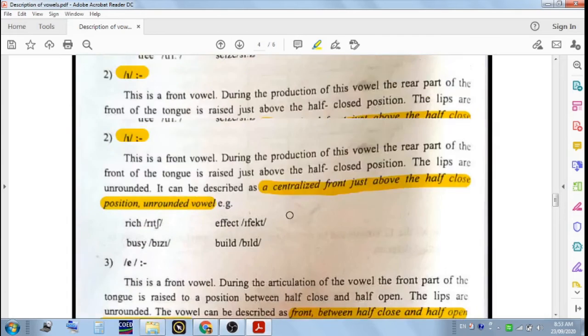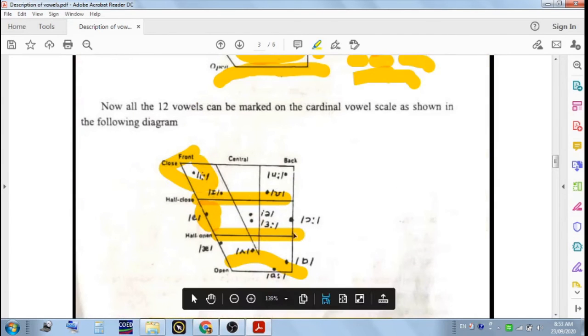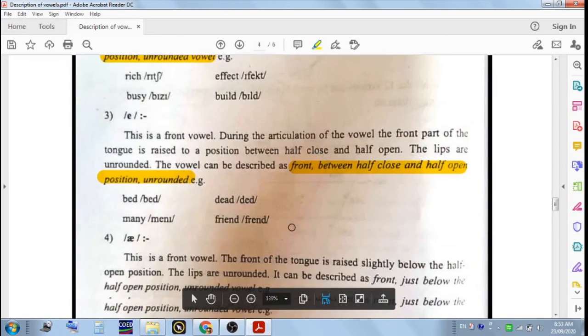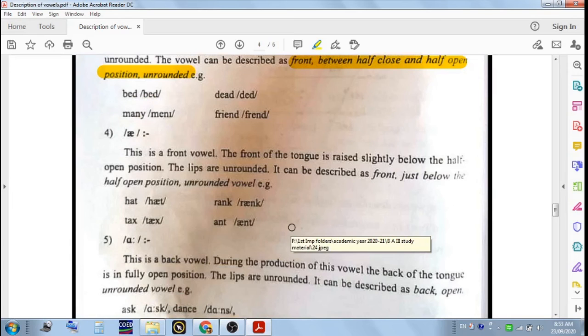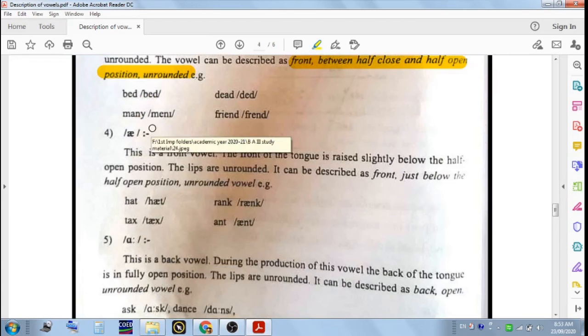So if you remember this figure, the graphical presentation of the positions of the vowels, it becomes very easy to describe the different vowel sounds. So this same rule you can apply for the other sounds. See, this vowel is front just below the half open position unrounded vowel.